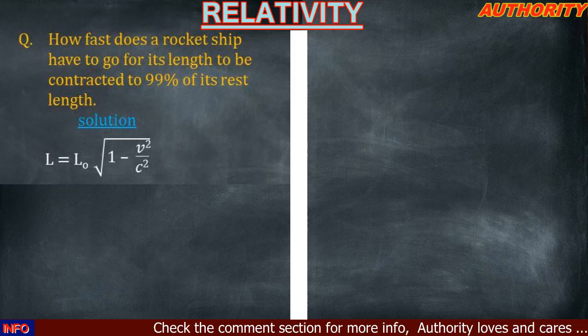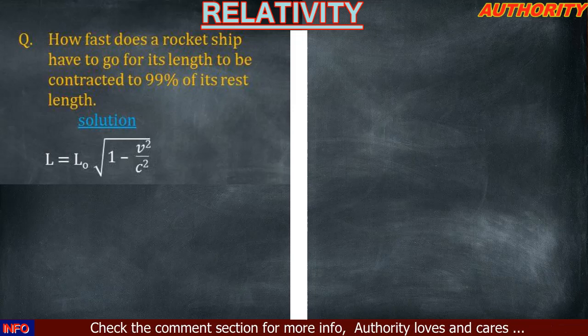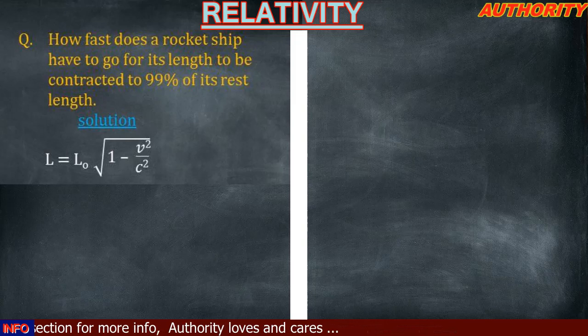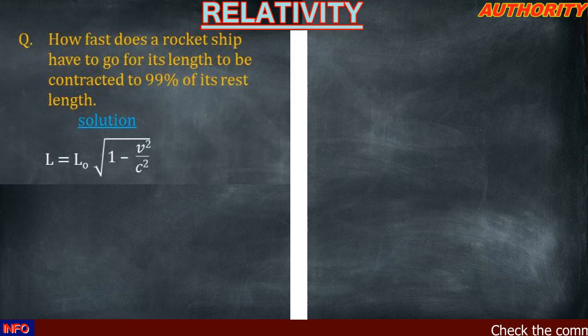We say that contracted length is given as proper length multiplied by square root of 1 minus v squared all over c squared. Is that true? Yes. But here, we are to calculate how fast for its length to be contracted to 99% of its rest length.